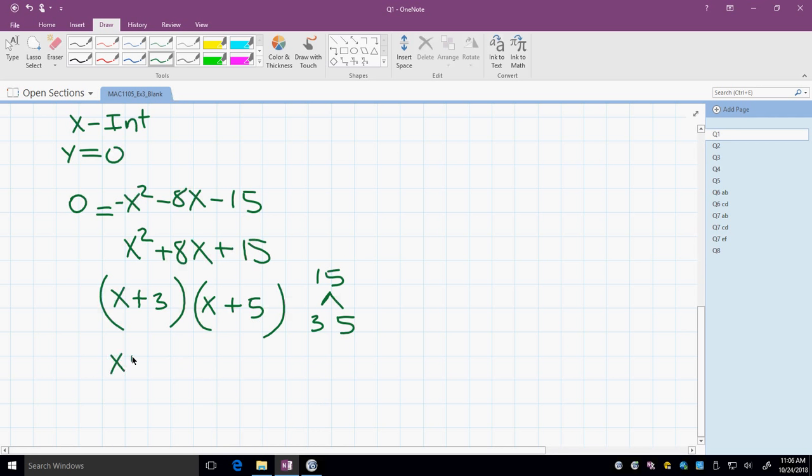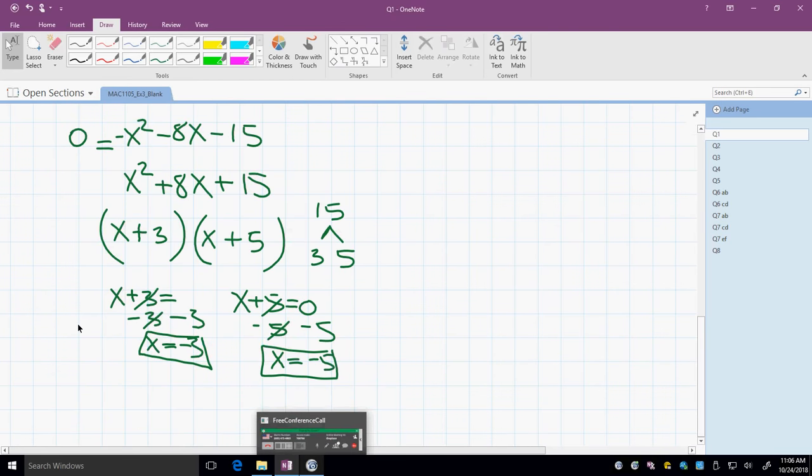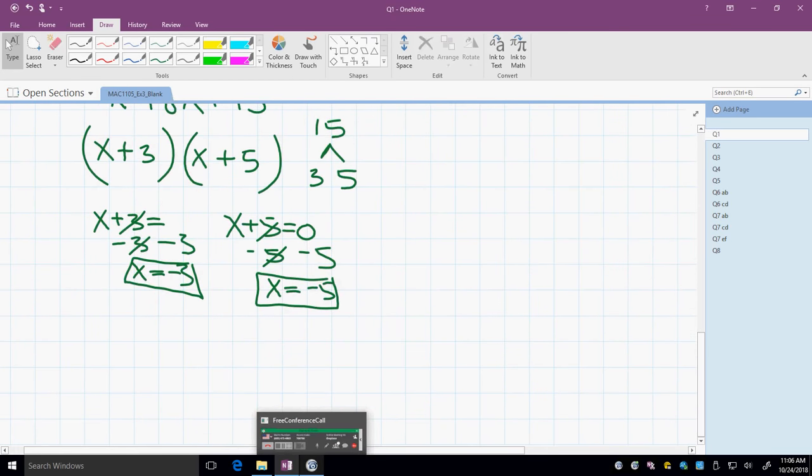And when you solve for x, you're going to subtract 3 on both sides. This cancels, and you have x equals negative 3. And here is going to be x plus 5 equals 0. Subtract 5 on both sides of the equal sign, cancel 5, and now we have x equals negative 5. The same as before for the vertex, we need to have a point.